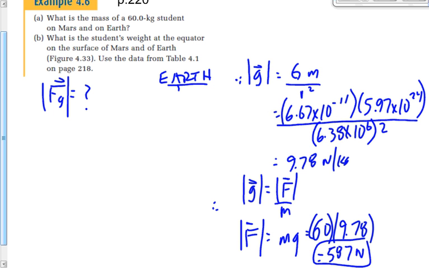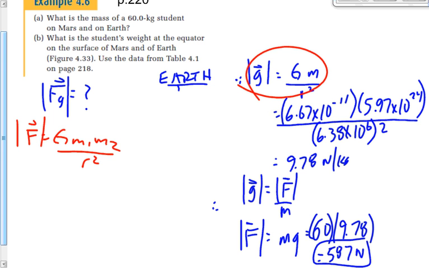Now, what's our other option? What else could we have done to find the force of gravity or the weight of this person? I could have just done this. Wouldn't that have given me the weight, the force of gravity? If you combine this equation and this equation, what do you think you get?